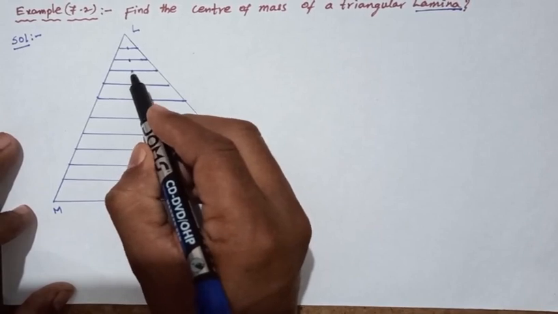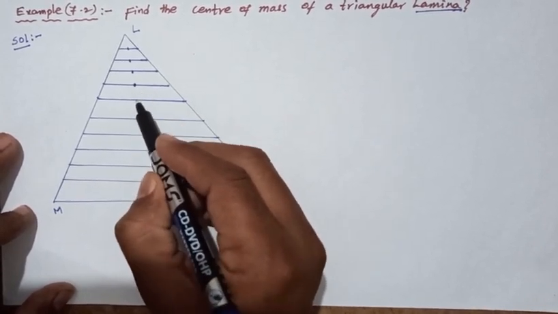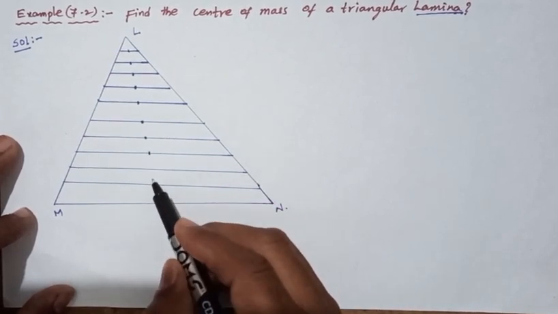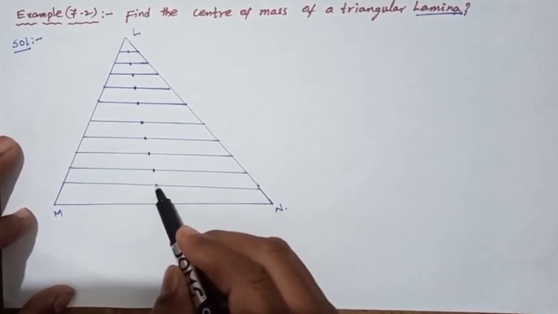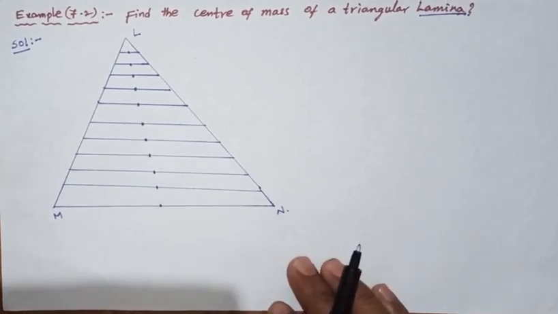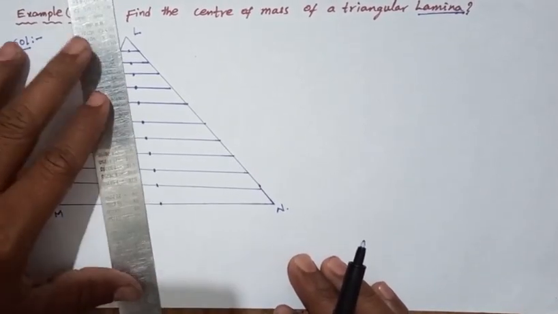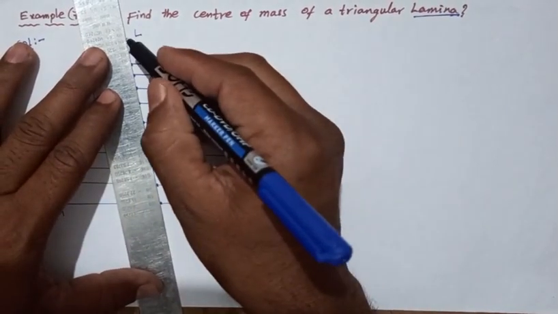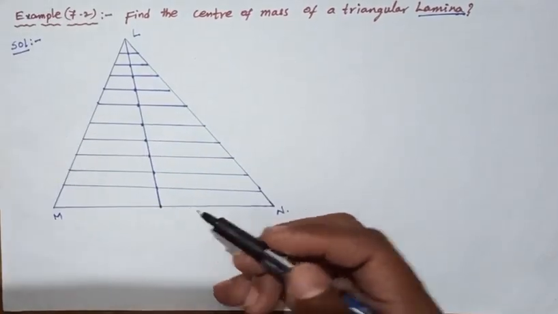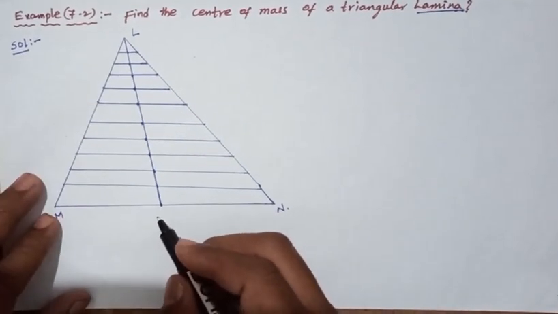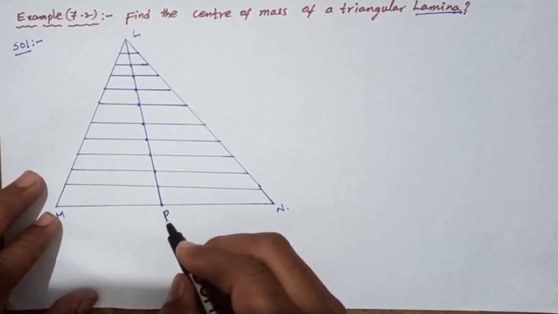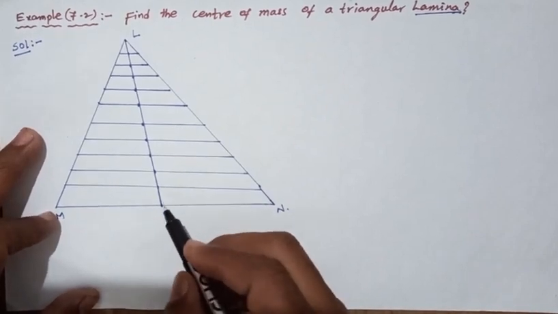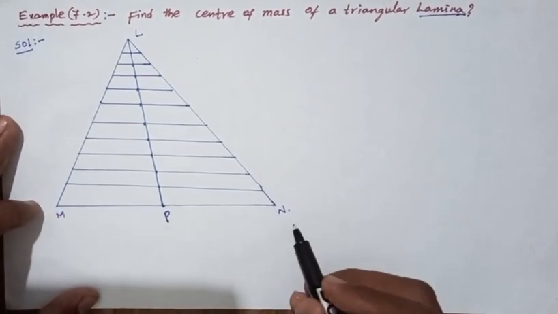These are the midpoints. We can join these midpoints here. Point P: the line LP is the median of MN.